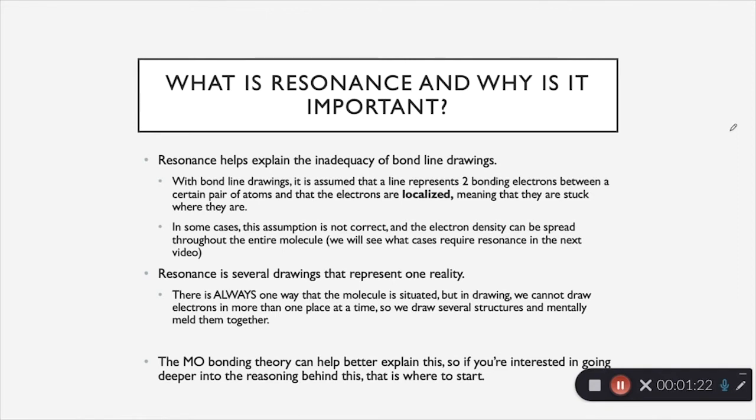We cannot draw electrons in more than one place at a time, so that's why we draw several structures and mentally meld them together. The basis behind this is molecular orbital bonding theory, and we're not going to go into all of that in this video. But if you're interested in going deeper into what resonance is and why, that is what you should start with.